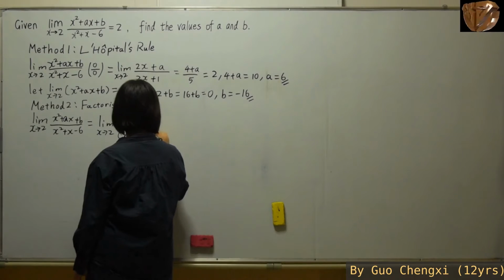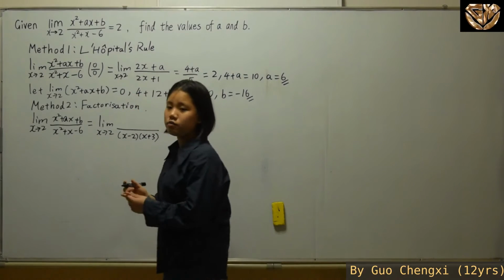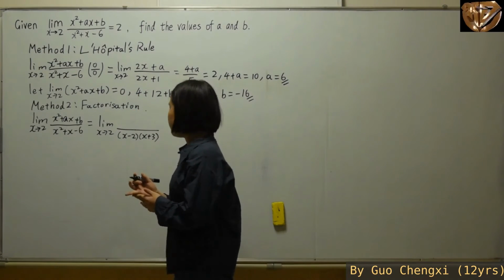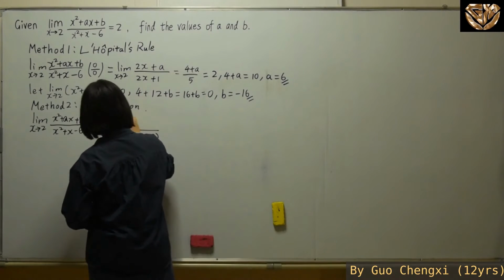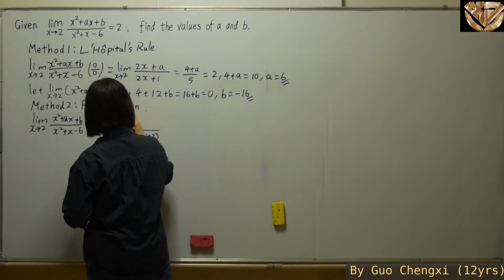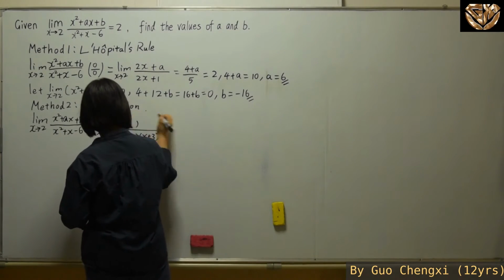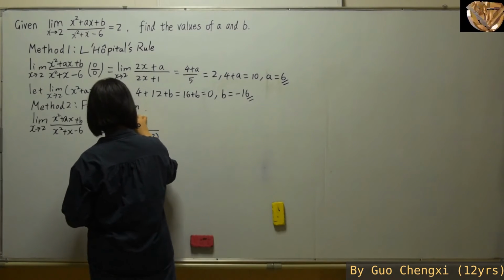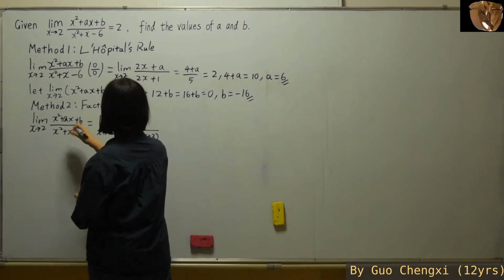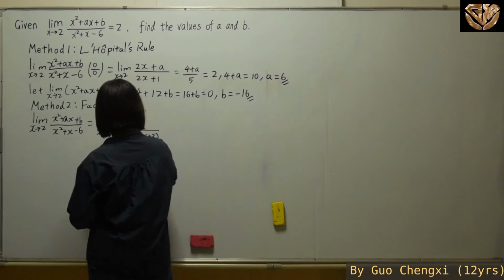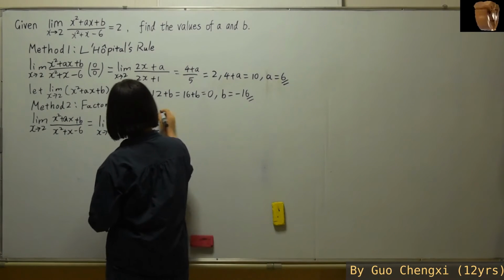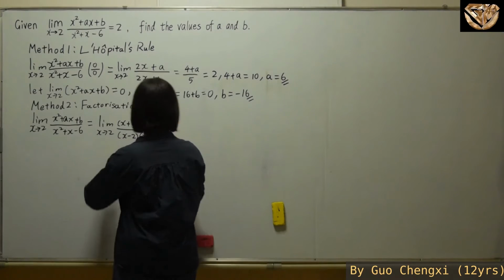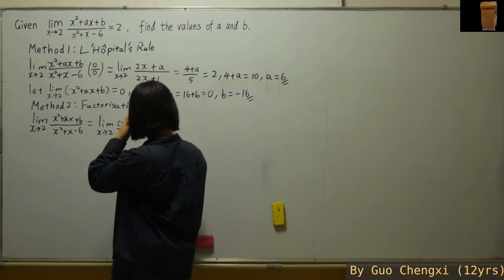On the other hand, for the numerator, both of them are definitely plus. So here we will have x plus 3 because this is the only plus over here.